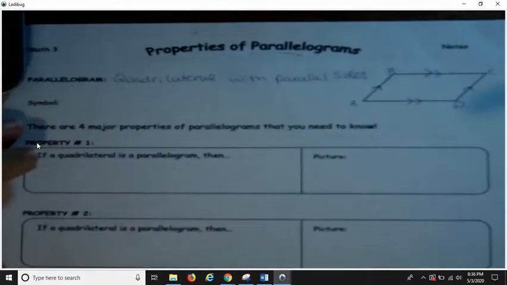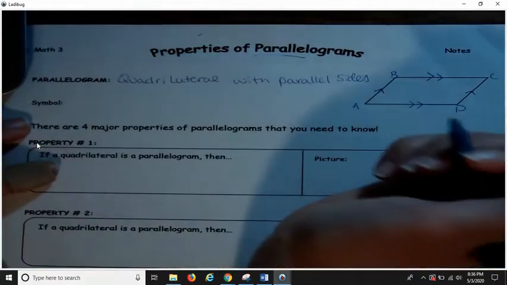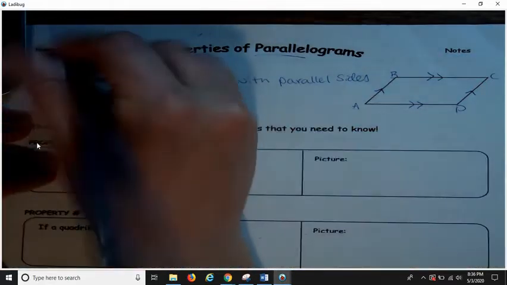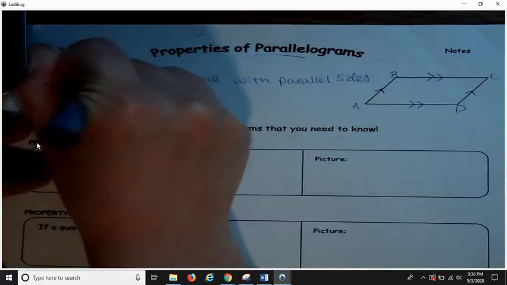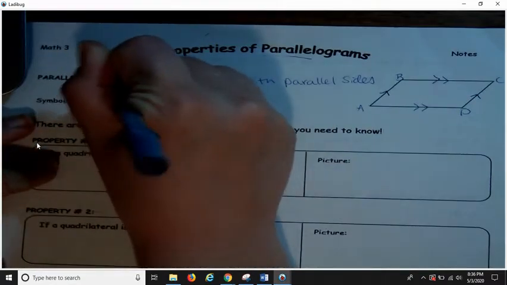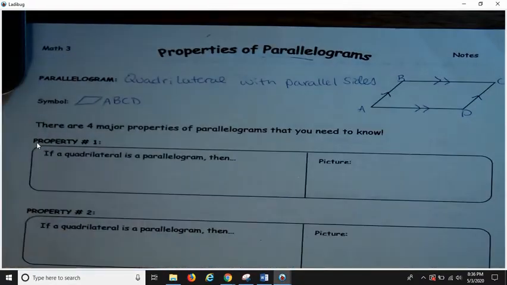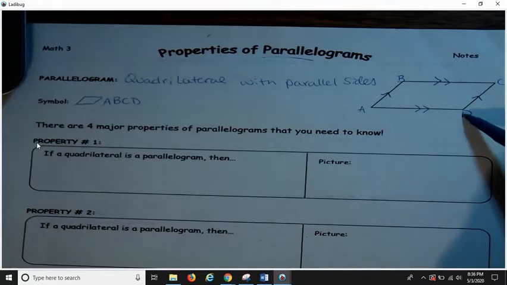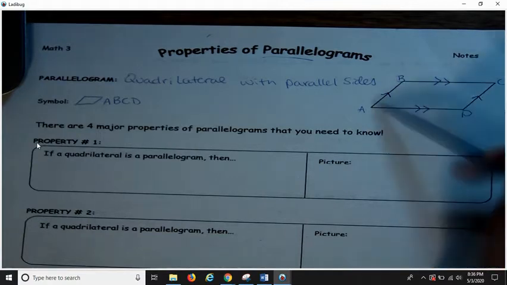Our symbol to write down parallelogram ABCD really quick: we would draw a little parallelogram, and then write the vertices ABCD. It needs to be in sequential order, like A, B, C, D, but it also could go backwards as A, D, C, B. Whichever one is fine. Just make sure you're going around in a circle each time.